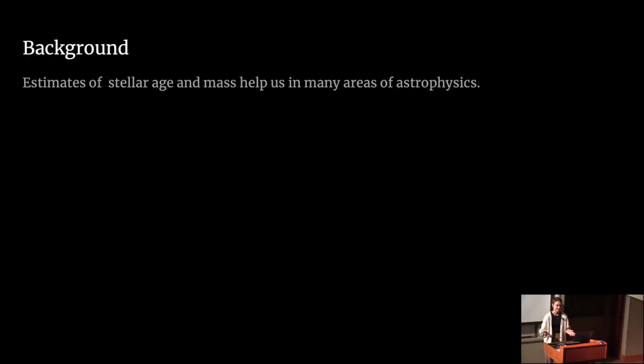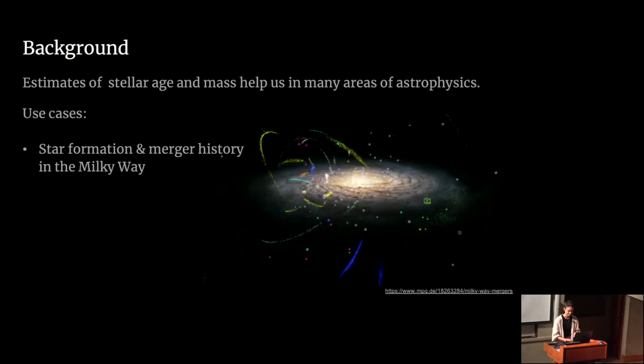Knowing the ages and masses of a lot of stars can help us all across the field of astrophysics, and my colleagues have demonstrated that very well today. For example, ages of field stars can help us constrain the star formation history of the Milky Way, which is kind of coming at the same science questions as Nadia's project from a more observational perspective.